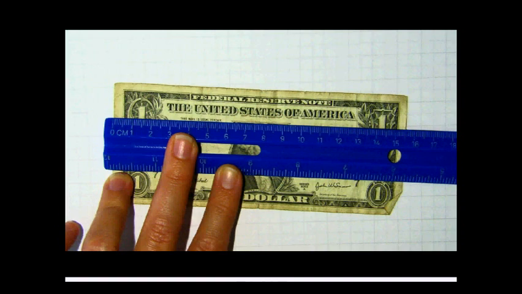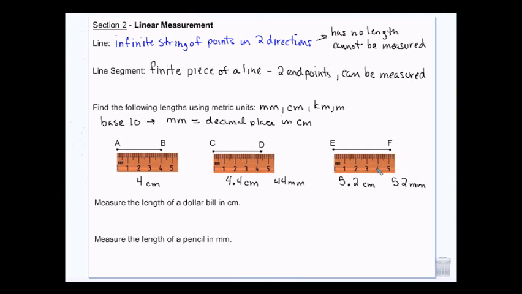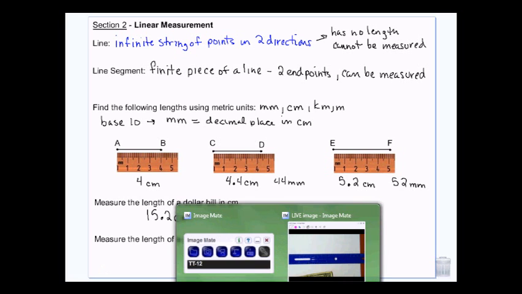Okay, so we did that. If I want to measure the length of a pencil, first I have to find one. We're going to do the best we can.